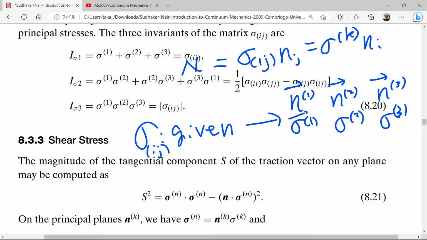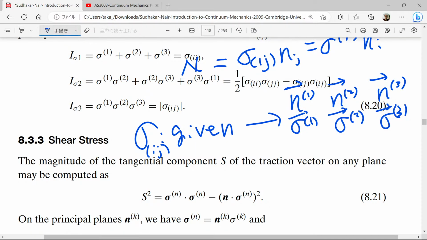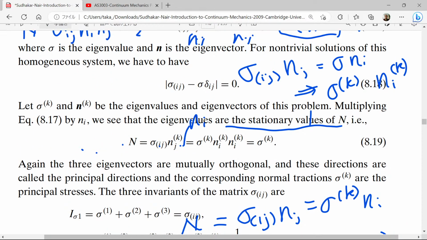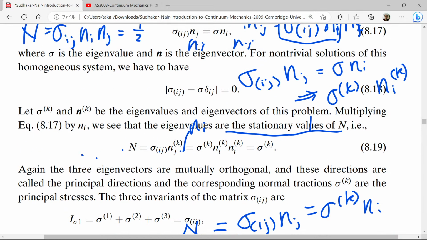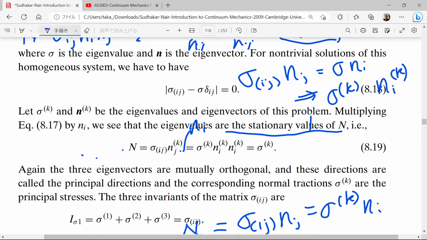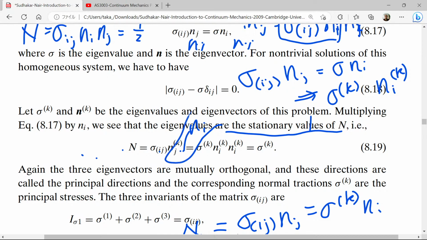There is a sigma n, something like this, right? So then there is a principal axis here. You shouldn't miss this one.